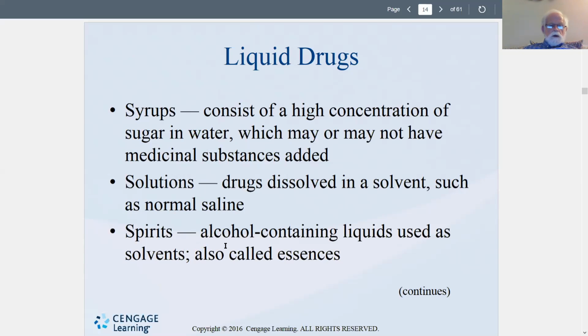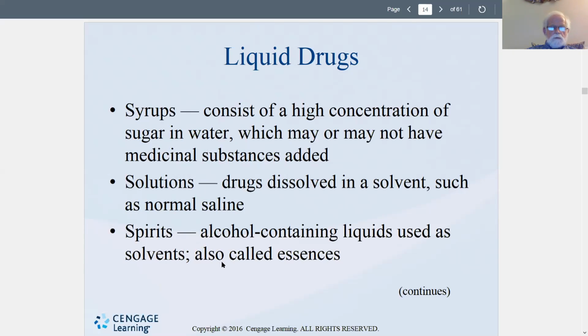Solutions are drugs that are completely dissolved in whatever the liquid is, generally water, but it doesn't have to be. For the most part, it's water or a water base.